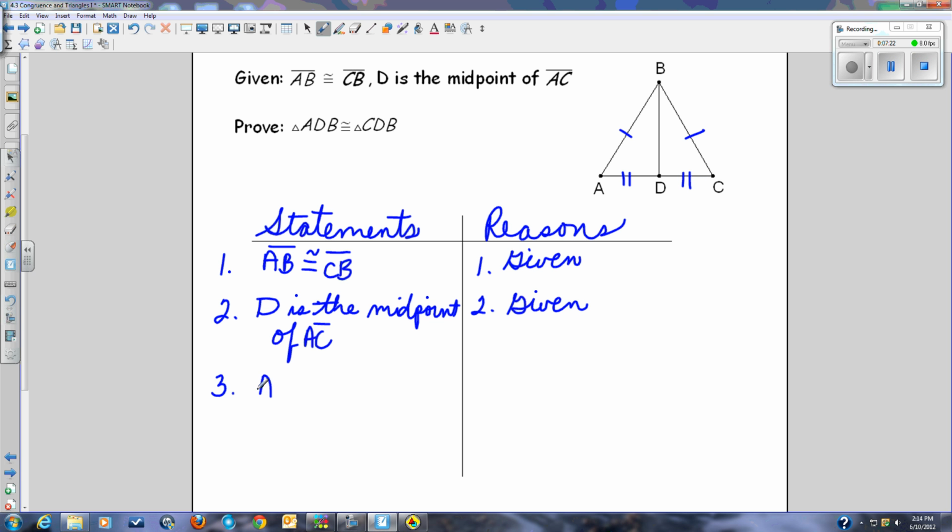So we're going to make the statement that AD is congruent to DC, and the reason is because that's what the definition of a midpoint says. Since D is the midpoint, AD has to be congruent to DC.